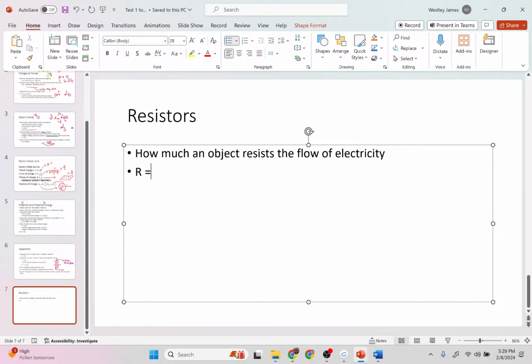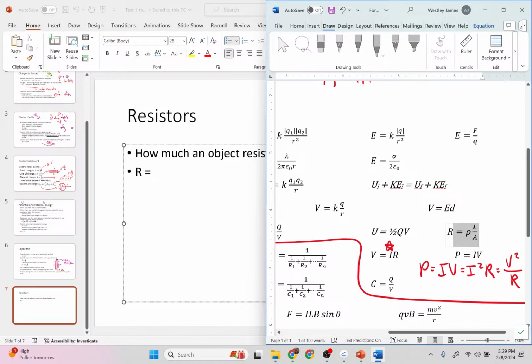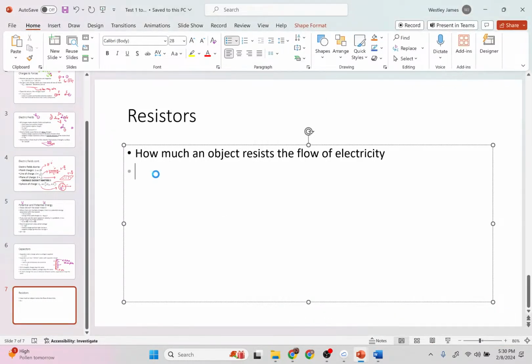The equation for it is going to get copy and pasted as well. So R equals rho L over A. We just used that in class today. Rho, that little P that I'm going to have to totally copy because it's not P, it's the Greek letter rho.